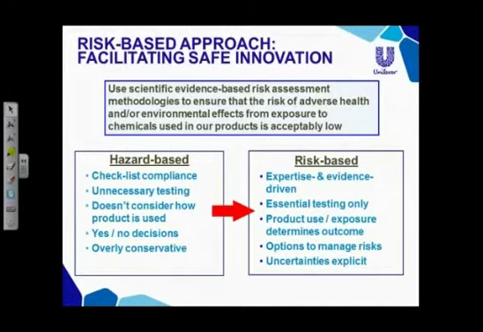From a true industry perspective, that means spending a lot of money, maybe unnecessarily, and you end up making very conservative decisions. Whereas if you anchor your decisions in a risk-based way of working, you only end up doing the testing which is essential, and you can be quite explicit about the risks and the options to actually manage those risks.